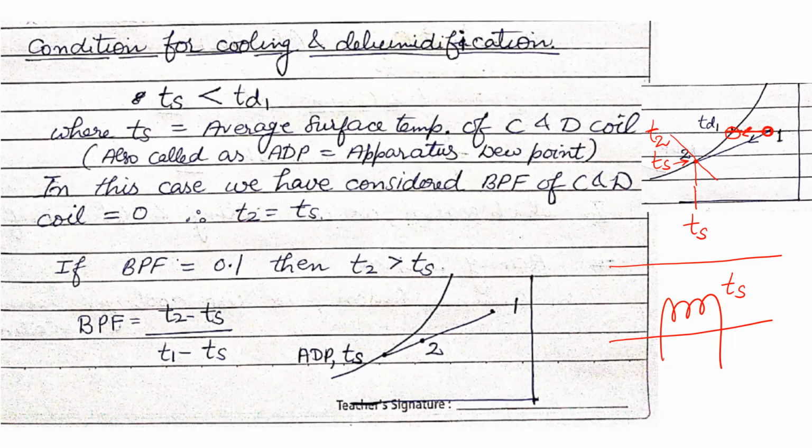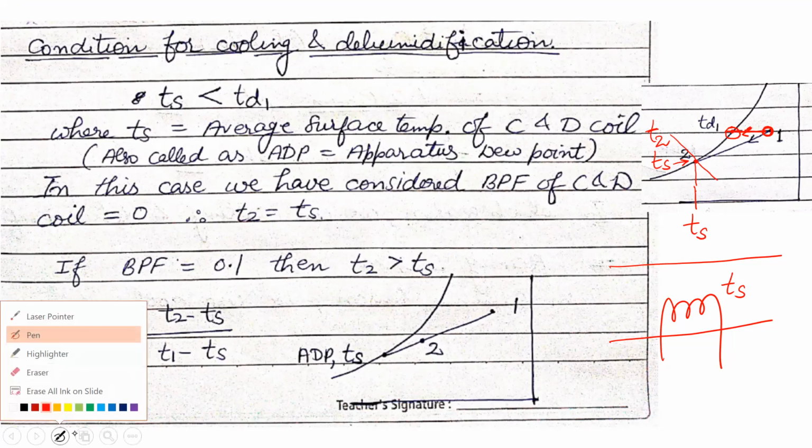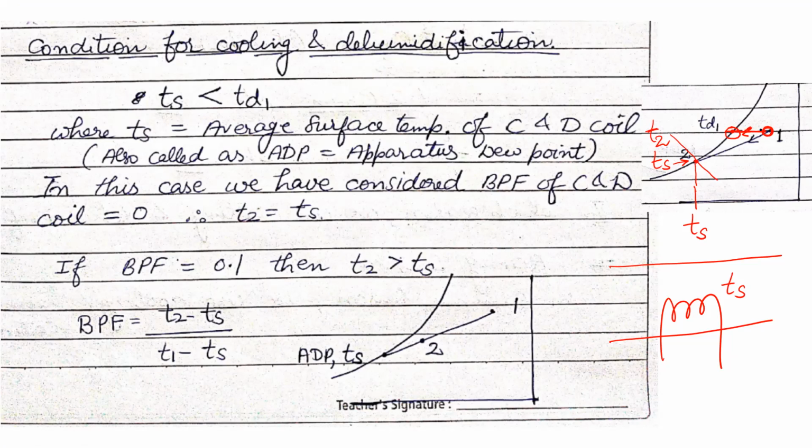Actually the process followed is like this. First of all, the air is cooled from state point 1 up to this particular point, and then it follows this path and reaches this point. So effectively the process is first from 1 to, let us say, A, and then up to point number 2. But if we join point 1 and 2, then we can show the process taking place along this line from 1 to 2.